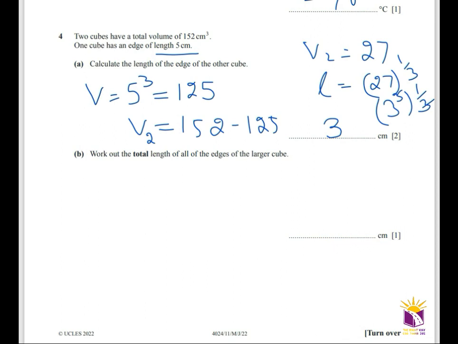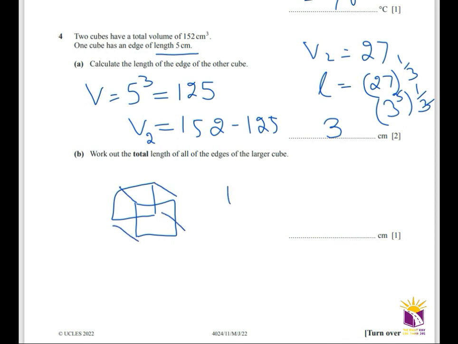Work out the total length of all the edges of the larger cube. Now we have to work out the length of all the edges of the larger cube. The larger cube has every length equal to 5. Now we have to know how many edges a cube has. 4 edges at the front, 4 edges at the back, and 4 edges at the side.